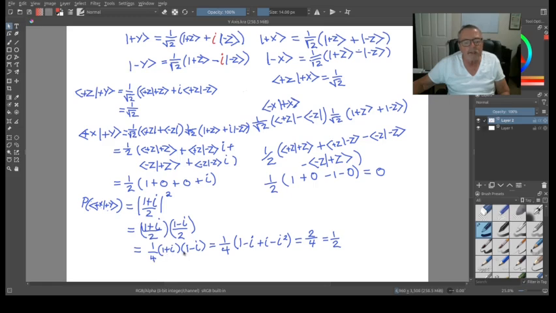And if we multiply this thing out, we're going to get 1 times 1, 1 times negative i, plus i times 1, there's the plus i, and plus i times minus i gives us negative i squared. Well, i squared is negative 1, so that gives us 1 plus 1. It puts 2 in the numerator over 4 equals 1/2. Now, I think that matches stuff up pretty well.